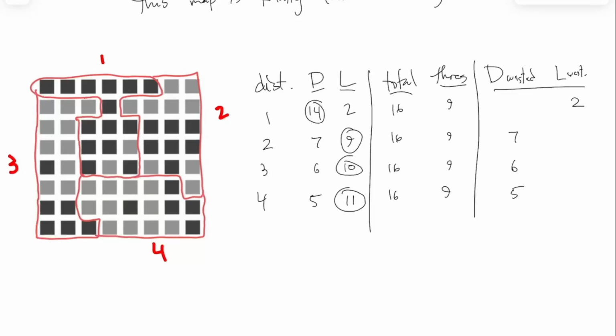2 wasted for the L's in the first row, and then those other loser votes are wasted for the D's in the other rows. And then let's fill in the winner wasted votes where you have to do a little subtraction. I mean, if you want to be specific about it, it's always going to be this circled number minus the threshold. That's what these numbers over here should be. So it's going to be 14 minus 9 is 5.